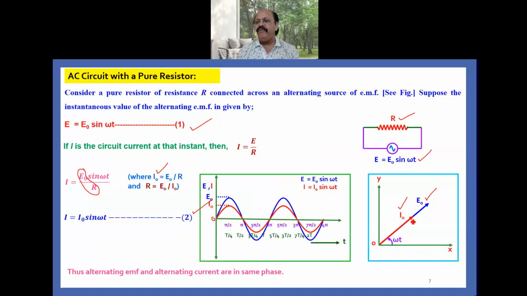Both are in the same phase, so the phasors for alternating EMF and alternating current are in the same direction. That's why we say the alternating EMF and alternating current are in the same phase, and their phasor diagram and graphical diagrams are given here.